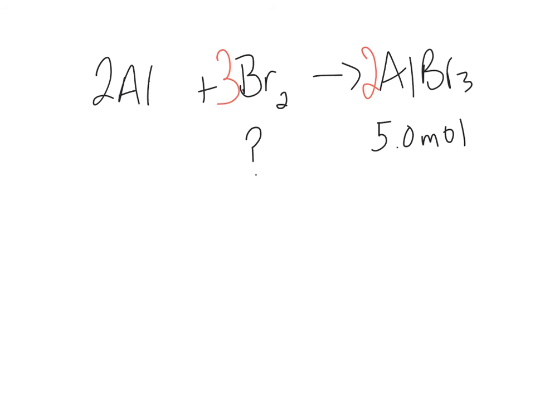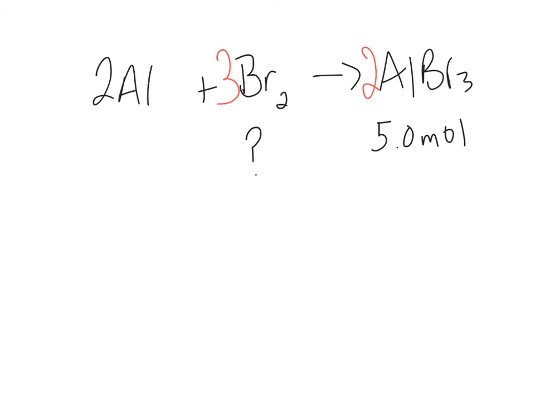We're trying to figure out how many moles of bromine that we need. What's the ratio? 2 to 3, but like 2 Al and then 3 Br2. Yeah, so which one do you want? You can even start with your mole ratio if you want, because it's got the units that you're looking for.